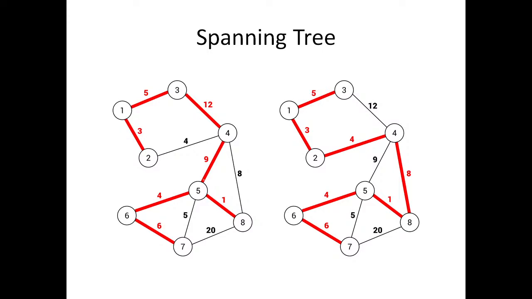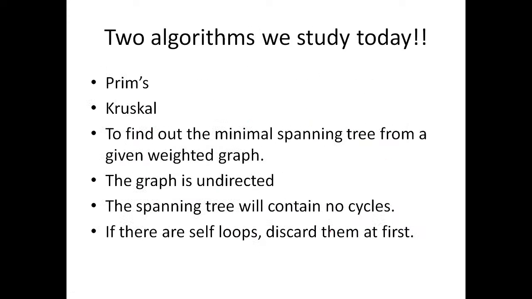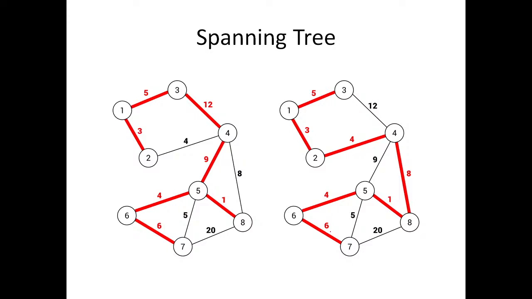Similarly for this spanning tree, we have 5 plus 3 plus 4 plus 8 plus 1 plus 4 plus 6. So a spanning tree has the property that it won't contain any cycle. It will contain all the vertices without a cycle.